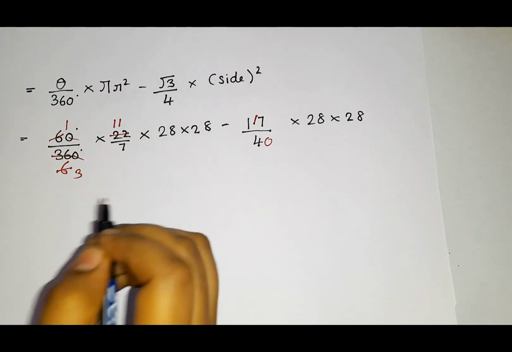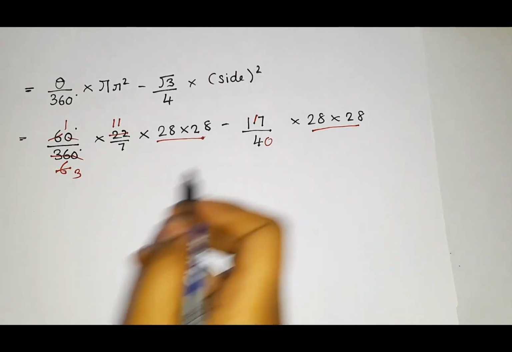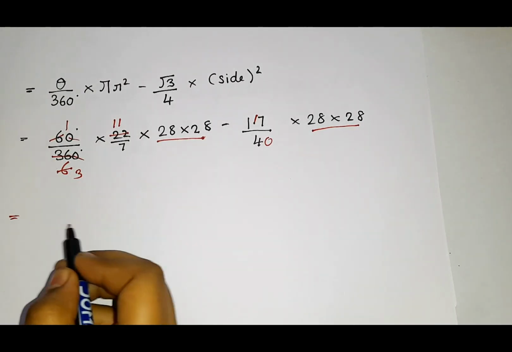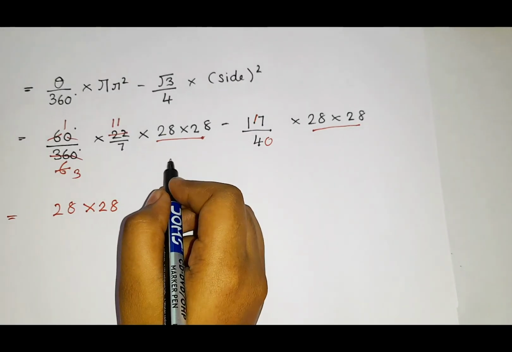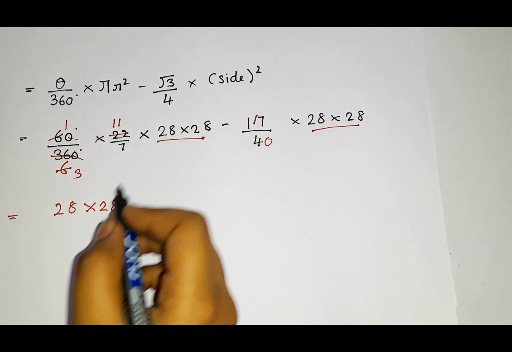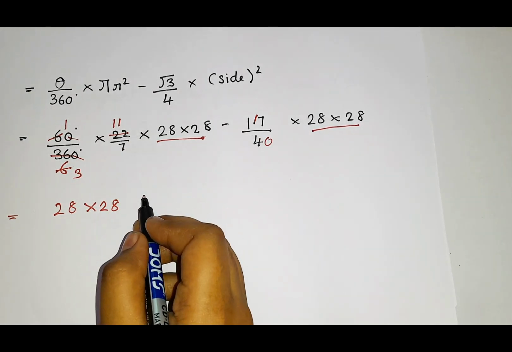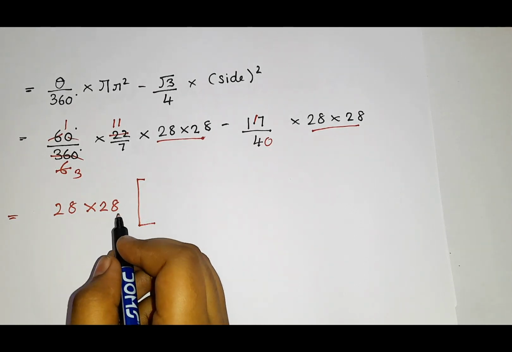Did you notice that we have 28 into 28 here, and here also we have 28 into 28? So I am going to take 28 into 28 as common, and the rest of the values we can write in a bracket.